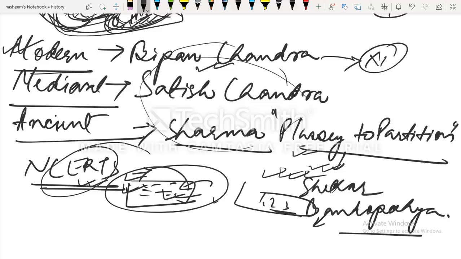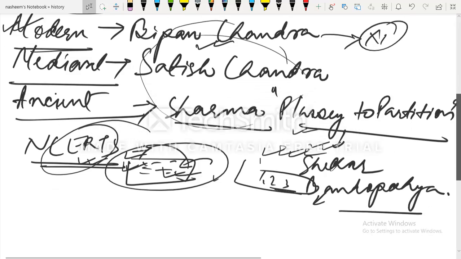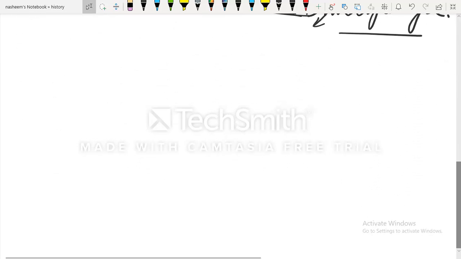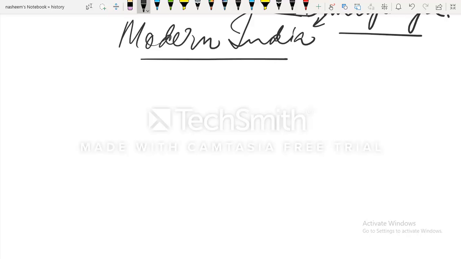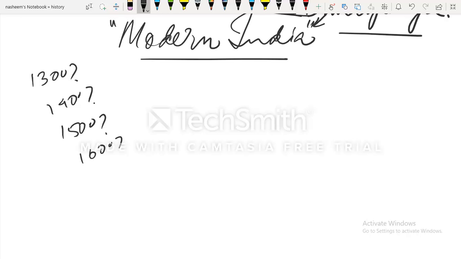Okay, so now the modern period, I'll be starting with the modern period, the modern India. बात यह है कि मॉडर्न इंडिया शुरू कब हुआ, कब 1300, 1400, 1500, 1600, 2000.